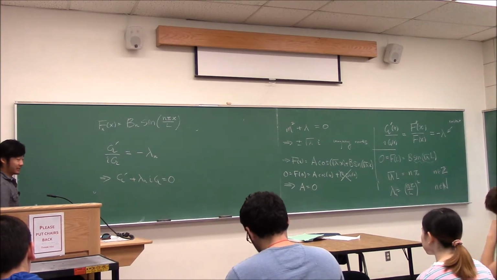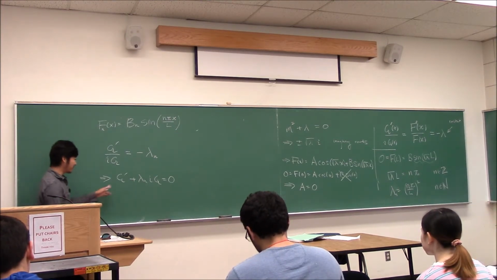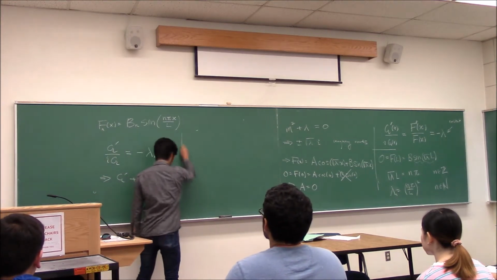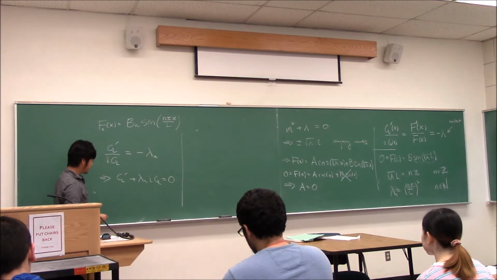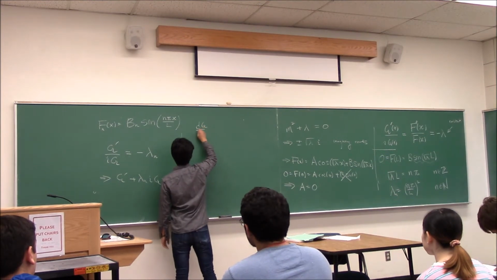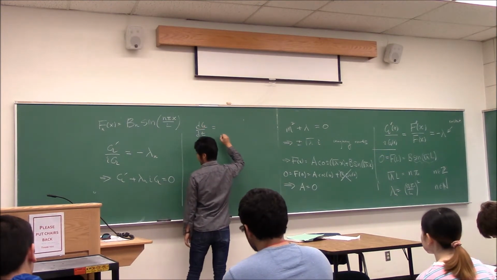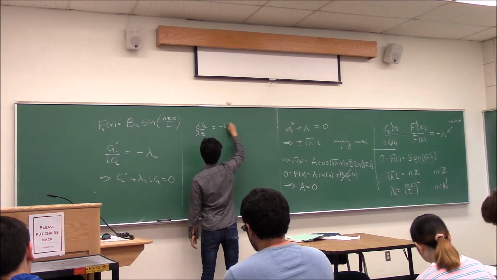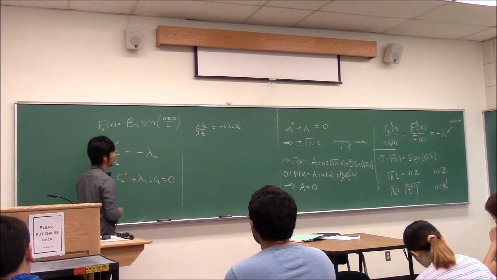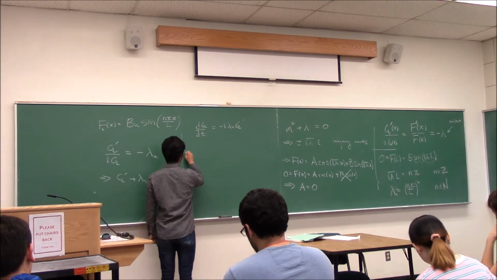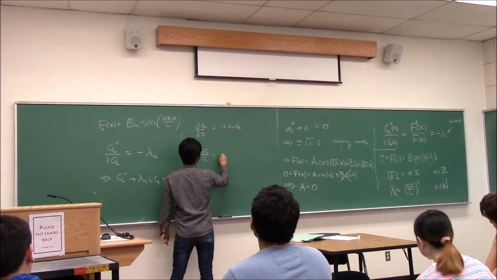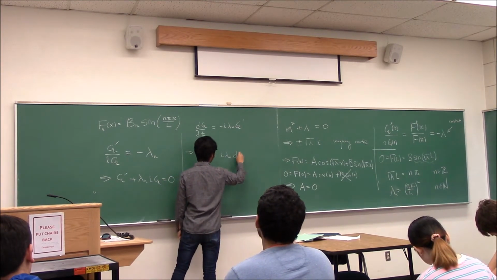But this one is pretty easy to solve too, right? In fact, this one is just first order and it's homogeneous, so it's separable. So if we solve for this, you would get dg/dt is equal to negative i lambda n g. And so if we separate variables again, then we get dg over g is equal to i lambda n dt.